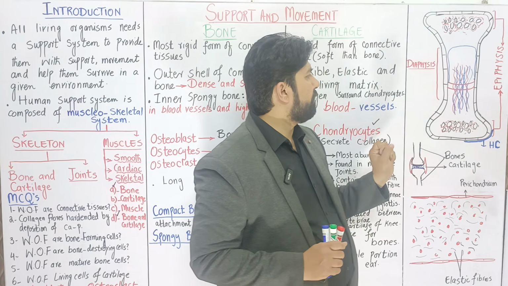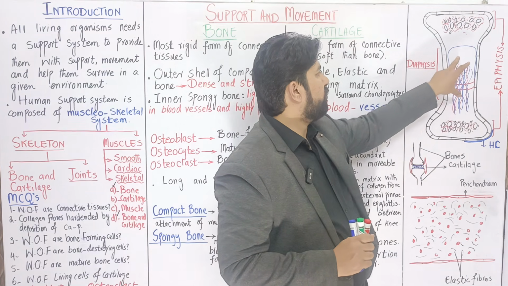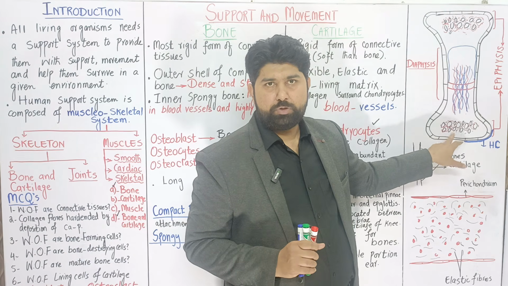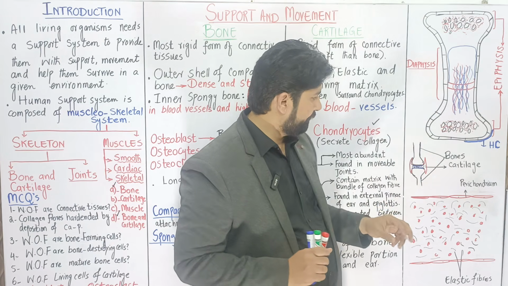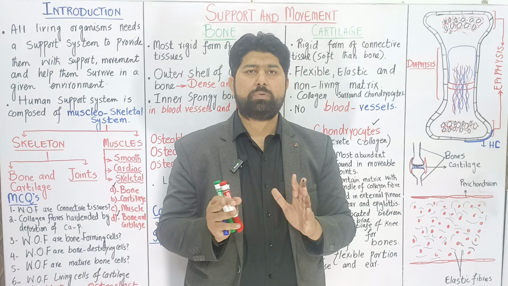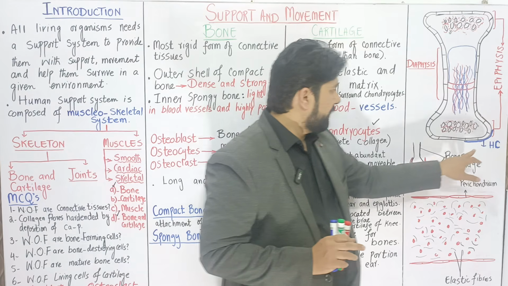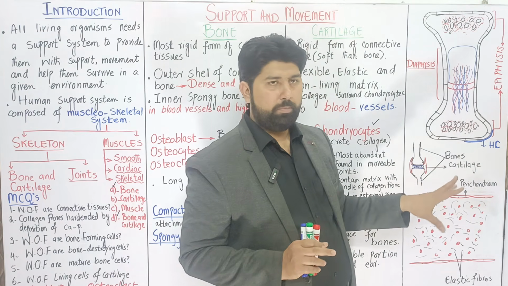And here the bone contains blood vessels, as well as bone marrow, and this is representing the spongy bone, which is highly porous, and here blood cells are found. And these are two bones joined together by cartilage, the hyaline cartilage, which is present between the long bones.